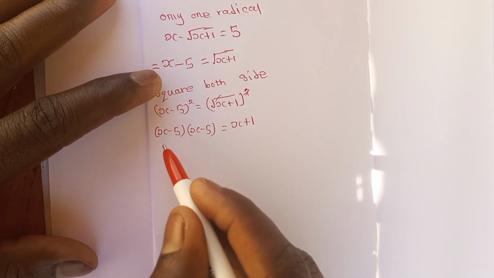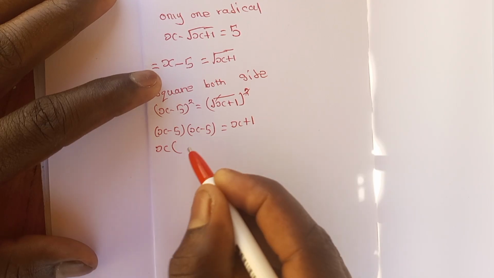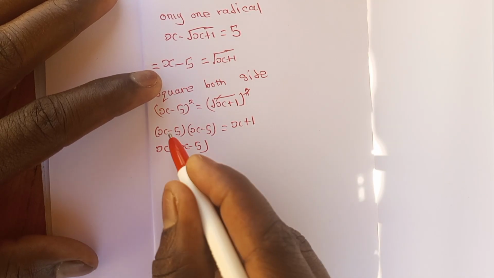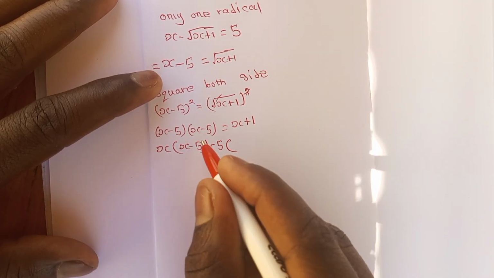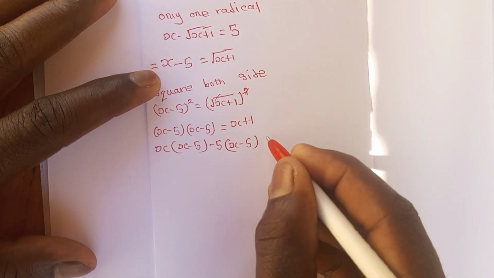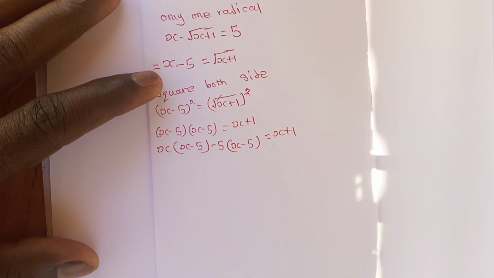So we continue. We are going to take x, then we take the whole of this bracket, x minus 5. Then we take minus 5, we take the same bracket, x minus 5. We say equals to x plus 1. Now continue.